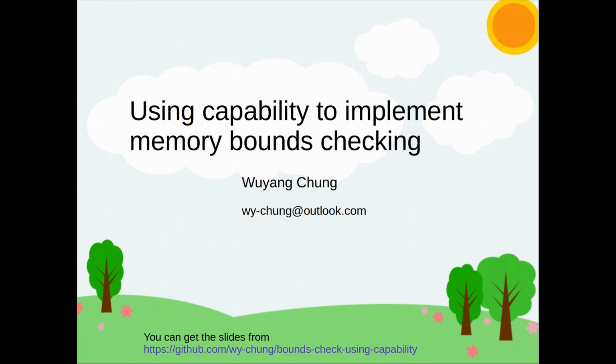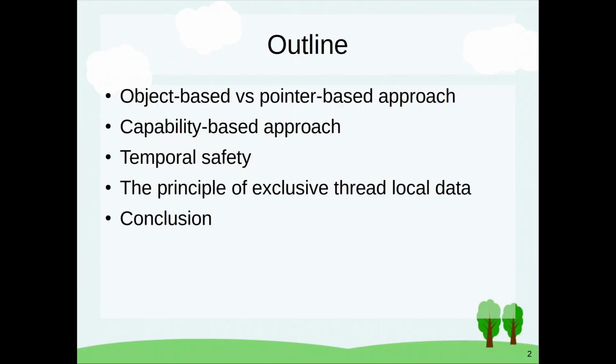In this video, I'll talk about using capability to implement memory bounds check. So here is the outline. First, I'll compare the two memory bounds check approaches, that is the object-based approach and the pointer-based approach. And then I'll add the capability-based approach in this comparison table also.